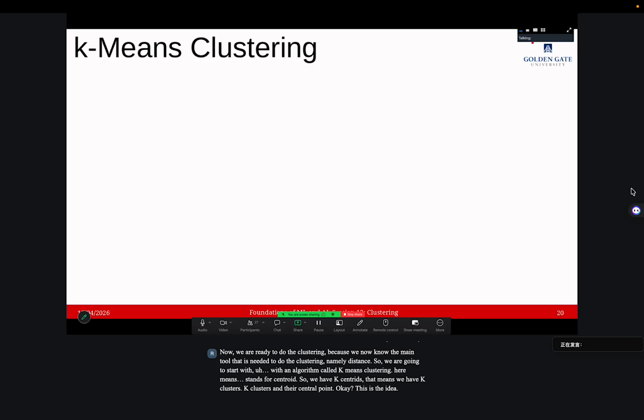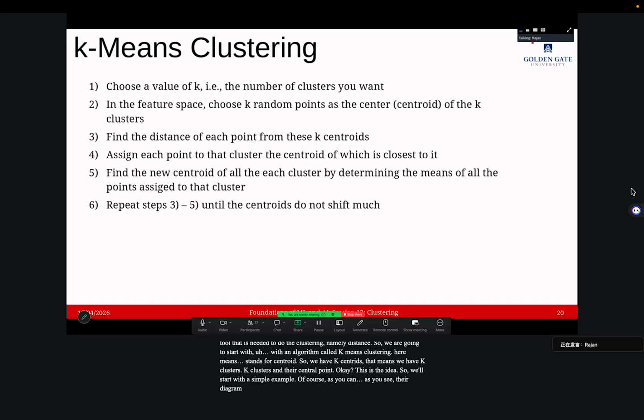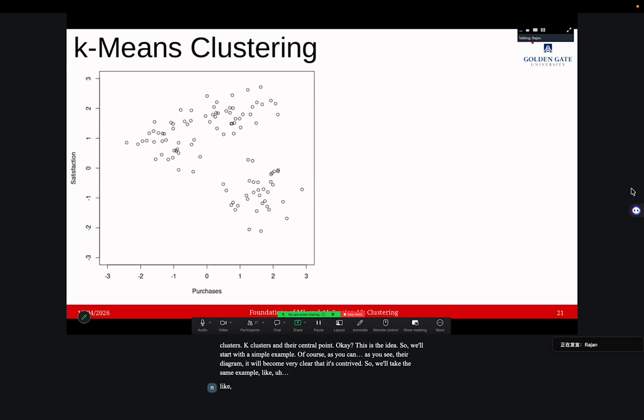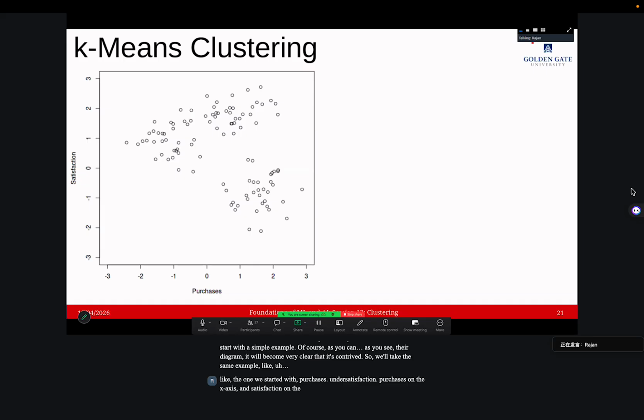Okay. So we will start with a simple example. Of course, as you see the diagram, it will become very clear that it's contrived. We'll take the same example like the one we started with, purchases and satisfaction. Purchases on the x-axis and satisfaction on the y-axis. Both are standardized, so both of them go from -3 to +3. Here are the data points of 100 customers.